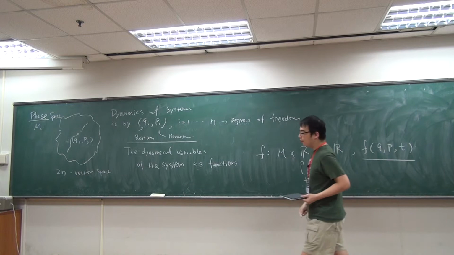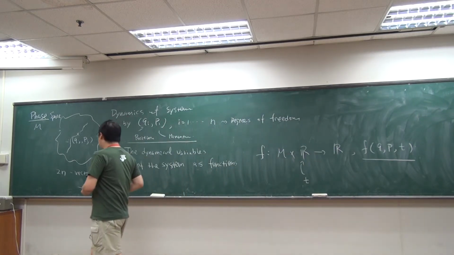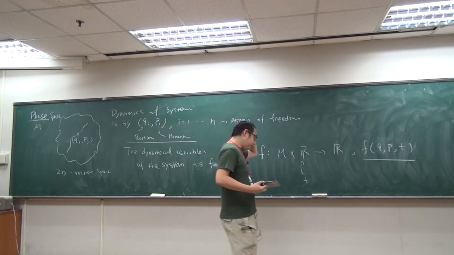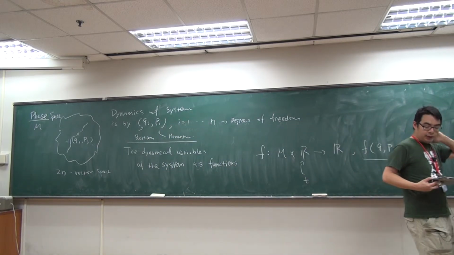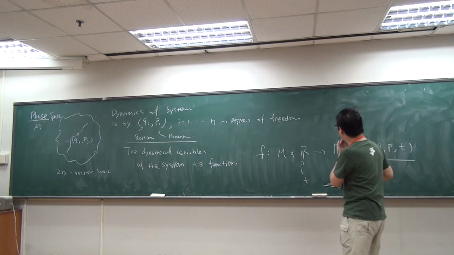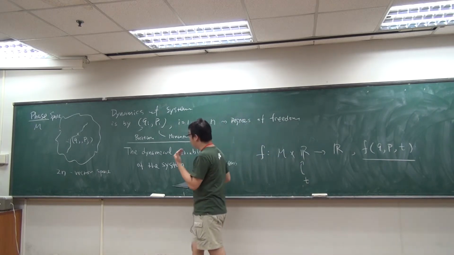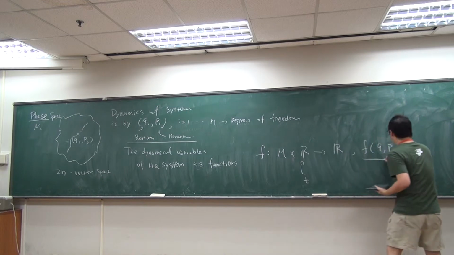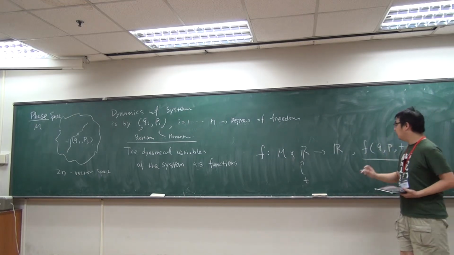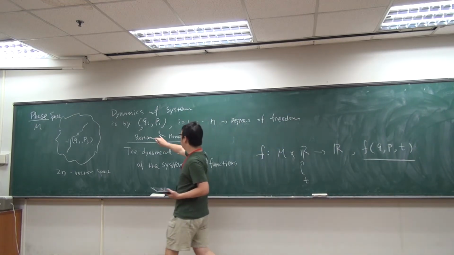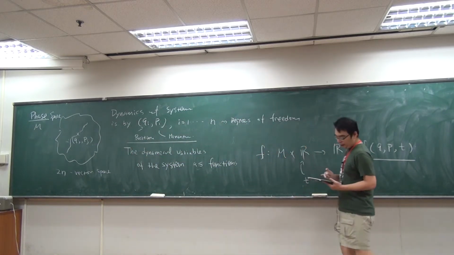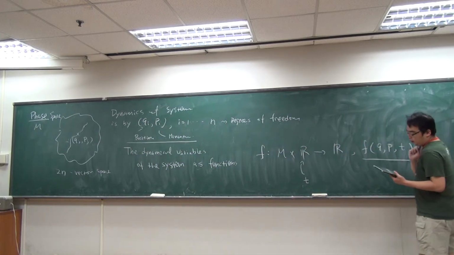Okay? So for example, your energy, your angular momentum, or even your position or momentum itself, they can all be regarded as a function of both Q and P on the phase space. And I hope that's very apparent.